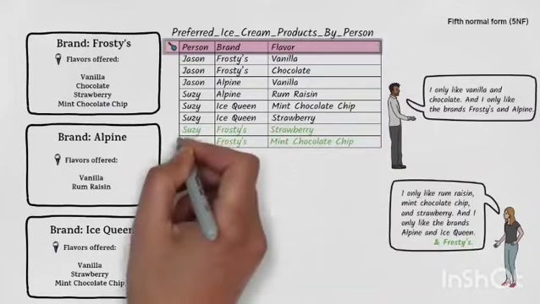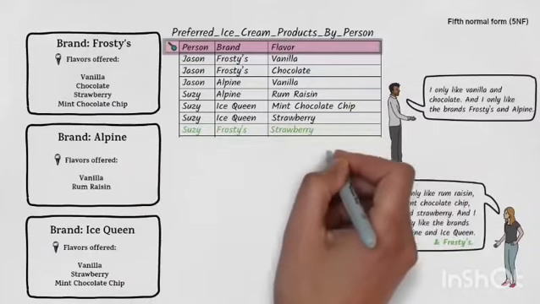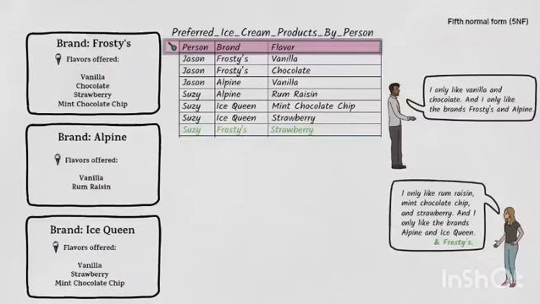We might successfully add a row for Person Susie, brand Frosties, flavor strawberry, but fail to add a row for Person Susie, brand Frosties, flavor mint chocolate chip. And this outcome wouldn't just be wrong, it would be logically inconsistent, because we've already established that Susie likes Frosties brand and likes mint chocolate chip flavor, and therefore there's no way she can dislike Frosties mint chocolate chip.